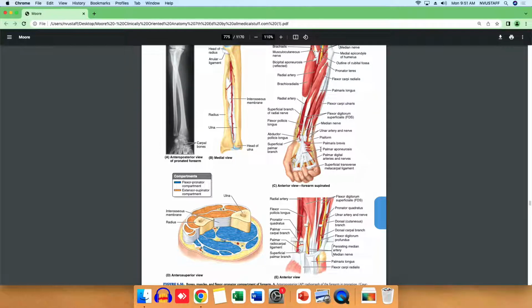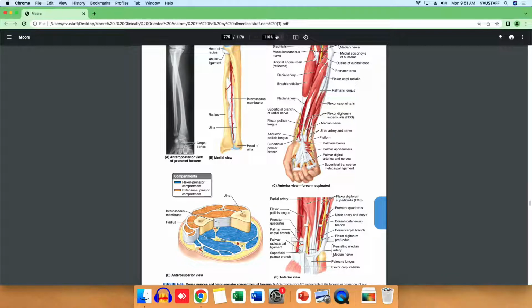You can see several pictures in one figure of all of the structures we can find in the forearm. All of the muscles here are divided by two bones in the middle, ulna and radius, and in between them we have, you remember, the interosseous membrane, which mainly represents one of the fibrous joints, with a lack of movement there.